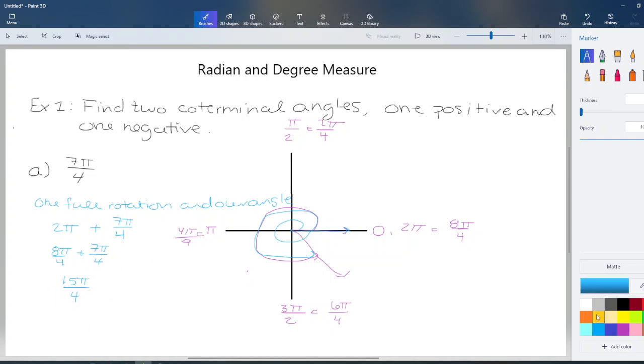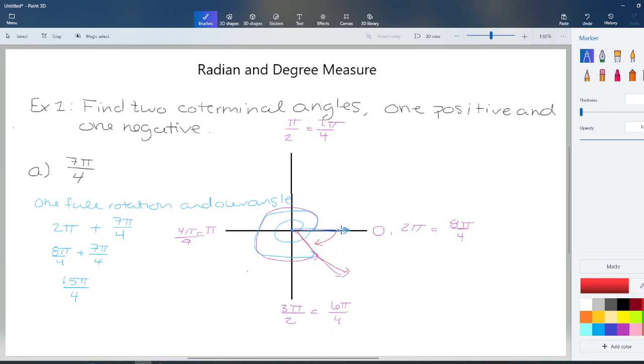Now, if we want a negative coterminal angle, we're going to need to start here, and then actually go the opposite direction. So our angle is going to open up this way. Now you can see that we're not going to have to go very far. We're going to end here still.